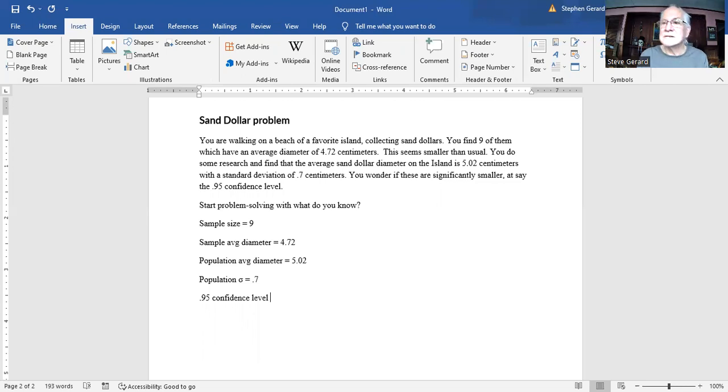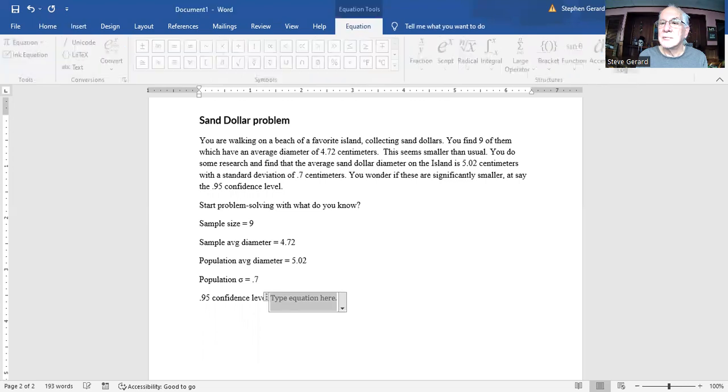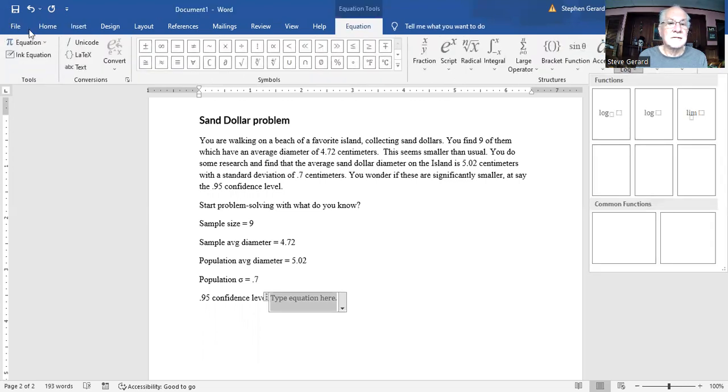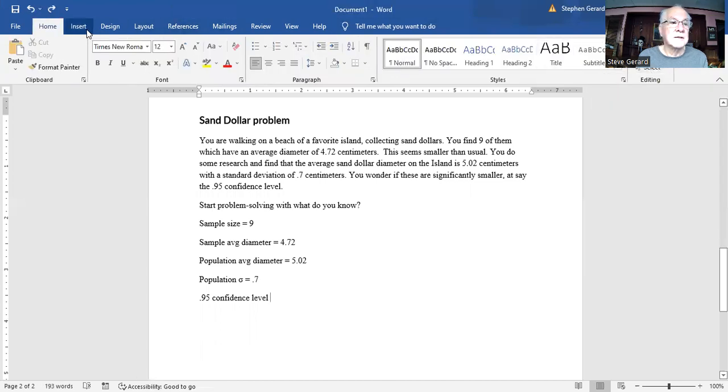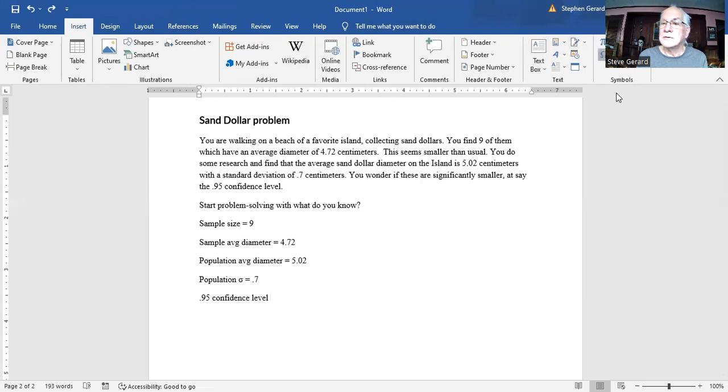So alpha equals 0.05. That again is 95% confidence true, 5% chance of an error. That's how you think about confidence intervals versus alphas.